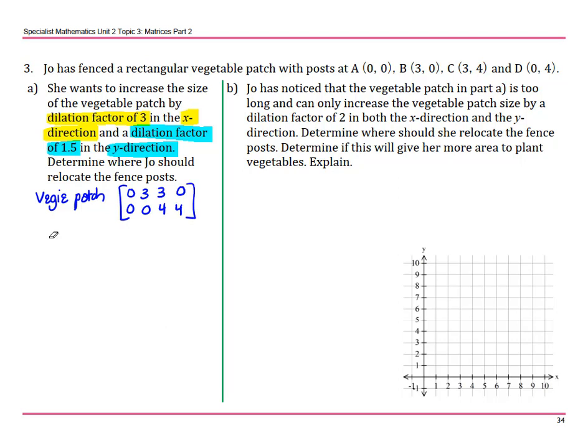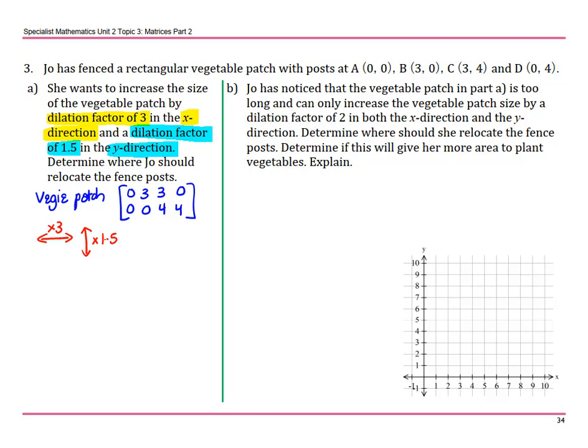Now let's look at our dilations. This is a dilation of factor 3 in the x direction. So that means in a horizontal is going to be times by 3. And a dilation of 1.5 in the y direction. So that's our vertical is times by 1.5.